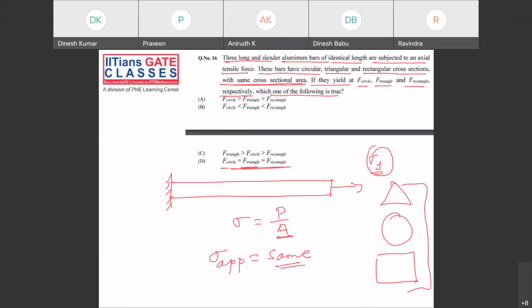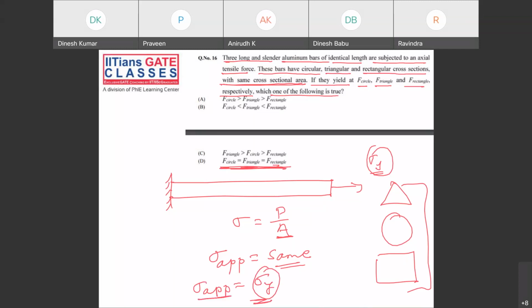Why should these be same? Because we know at yield your sigma applied is equal to sigma yield, and this yield stress doesn't depend on the applied loading or applied cross section. So this is the same in all the cases.